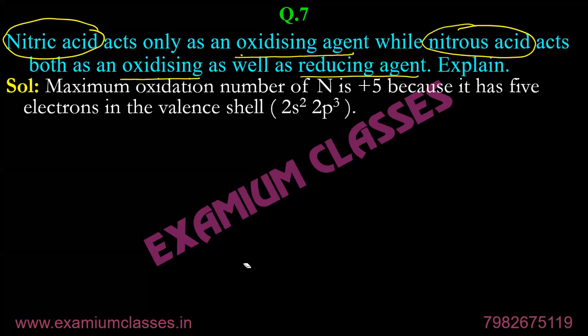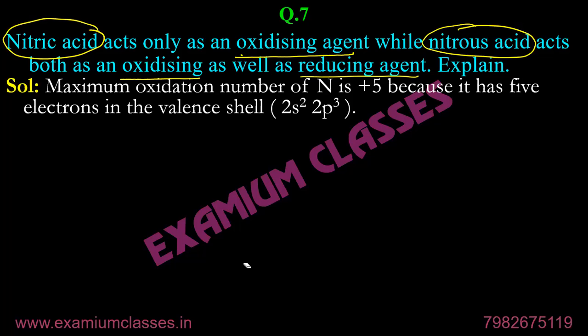The answer is that nitric acid is already in its highest oxidation state. Yes, Ashi, correct. As I told you, nitrogen's highest oxidation state is plus 5 because it has 5 valence electrons. It cannot be more than that. Suppose nitric acid can act as a reducing agent.